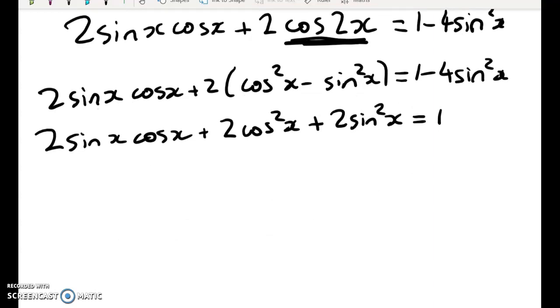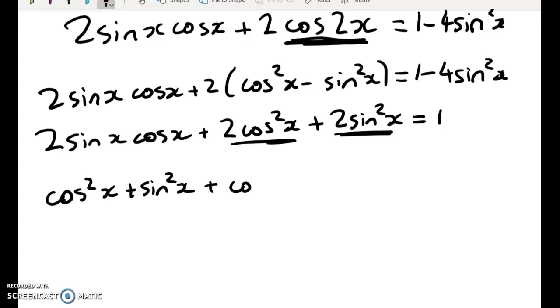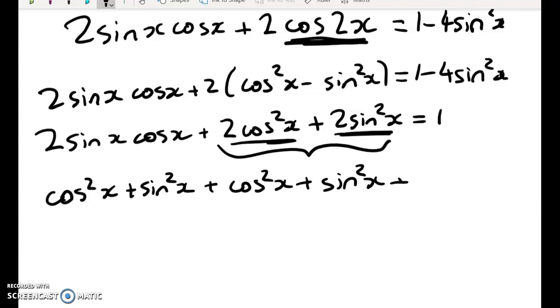So what can I see here? Well, I can see a cos squared plus a sine squared in here. So let's write it out like this: cos squared x plus sine squared x plus another cos squared x plus another sine squared x. So that's this bit here, plus 2 sine x cos x is equal to 1.